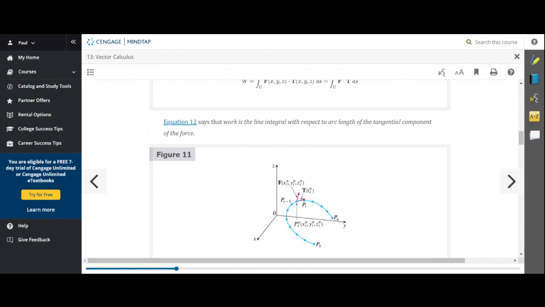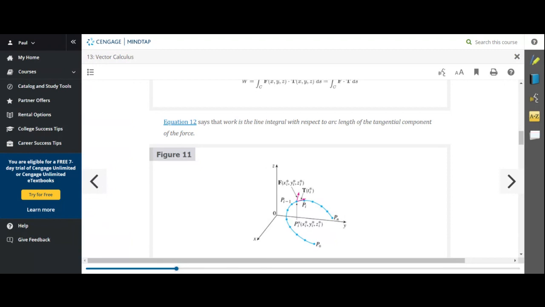It could be acting with the particle to help it move from p sub 0 to p sub n, or it could be working against the particle. But how are we going to find the work that the vector field or force field does in moving the particle from an initial point p sub 0 to an end point p sub n along that curve C?